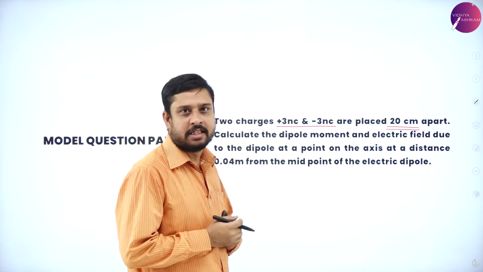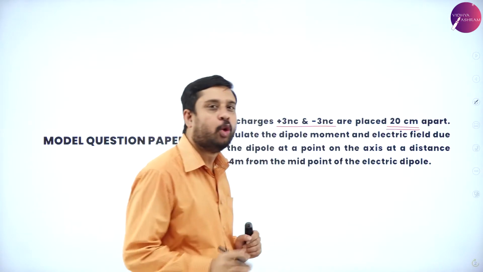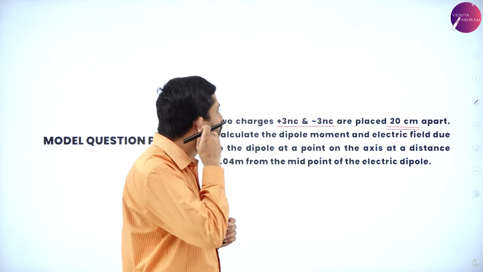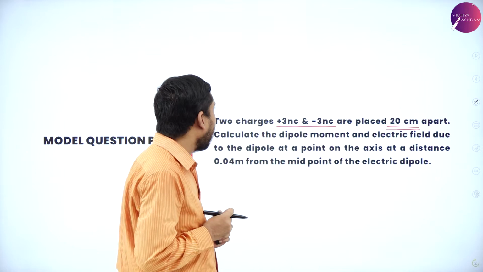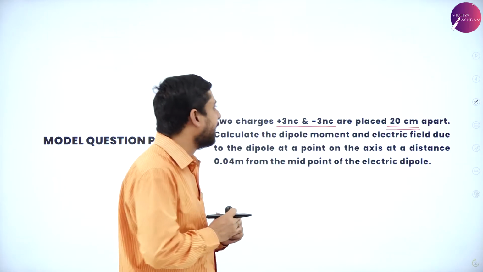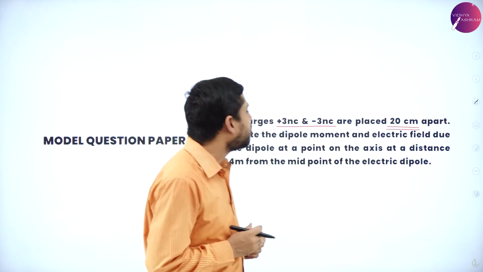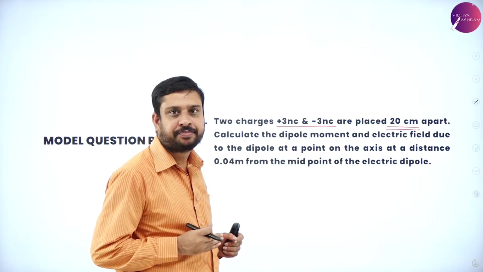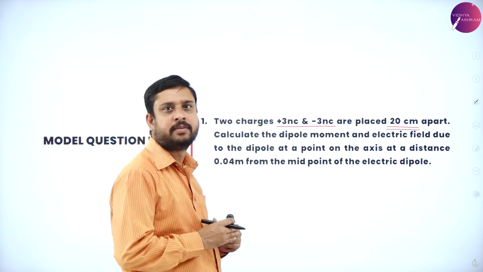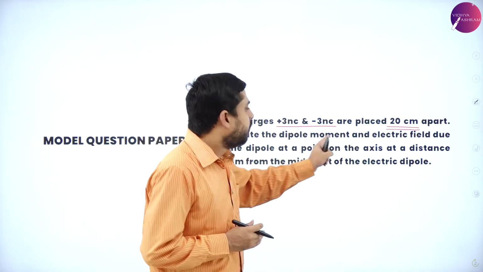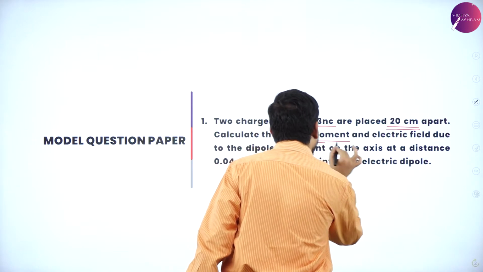So there are 2 charges whose magnitude is plus 3 nanocoulomb and minus 3 nanocoulomb, and the distance of separation between them is 20 centimeter. We will have to calculate the dipole moment.